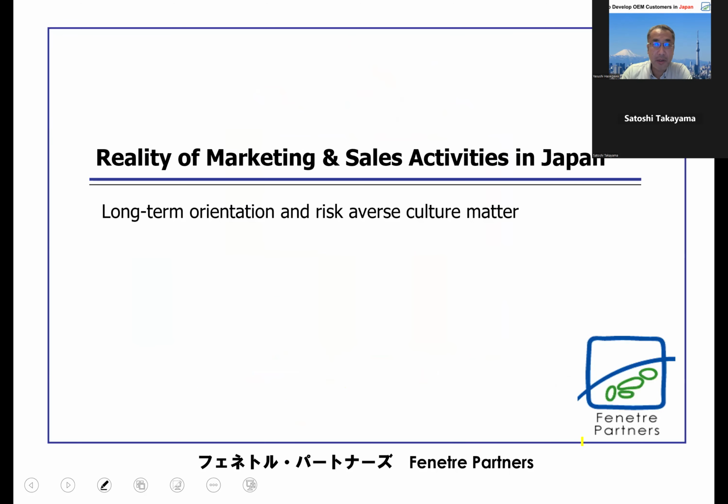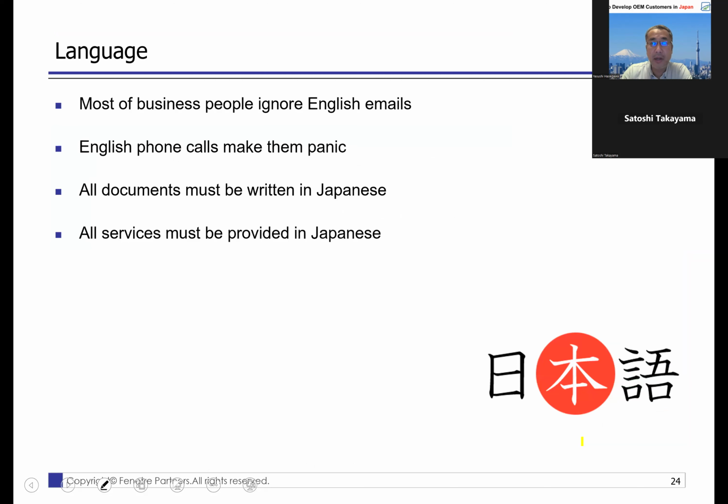So in the next session, I'd like to explain some realities of marketing and sales activities in Japan. There are a lot of entry barriers. The first one is language. Probably you have tried to write an email in English to a Japanese company. Usually they ignore it, or simply they can't read it. And I don't recommend you make phone calls in English.